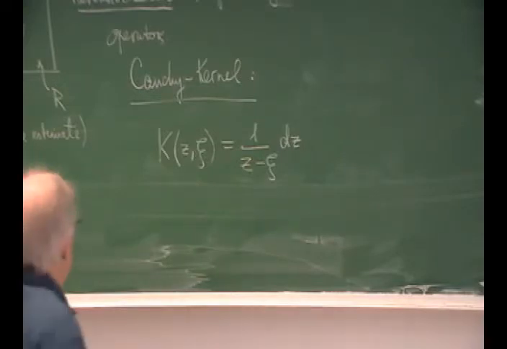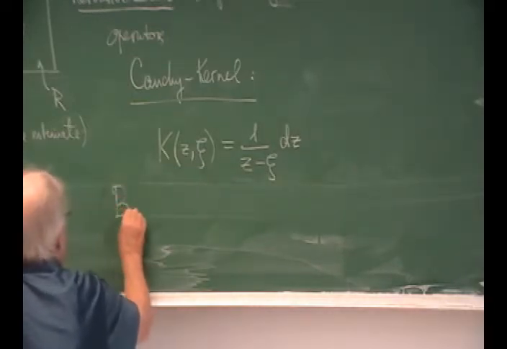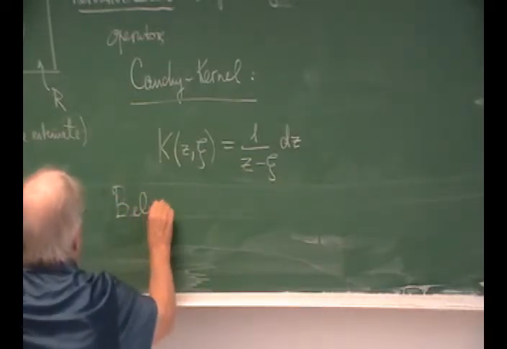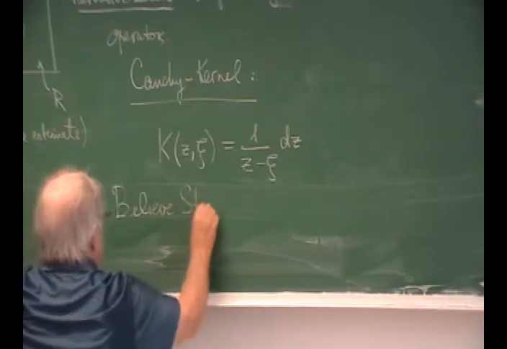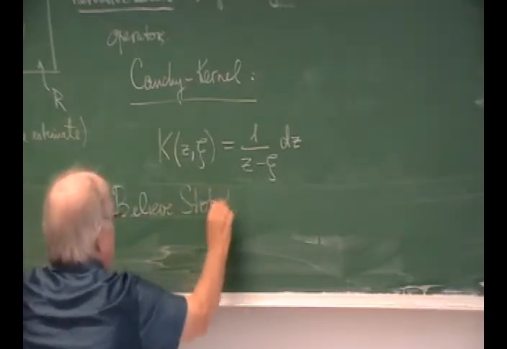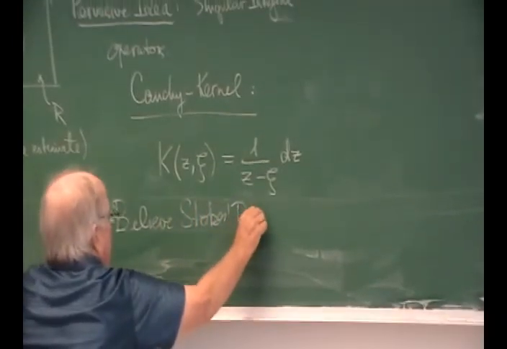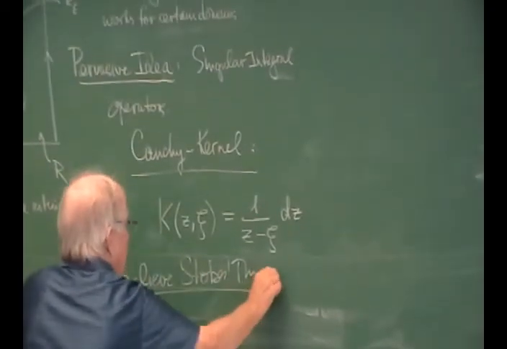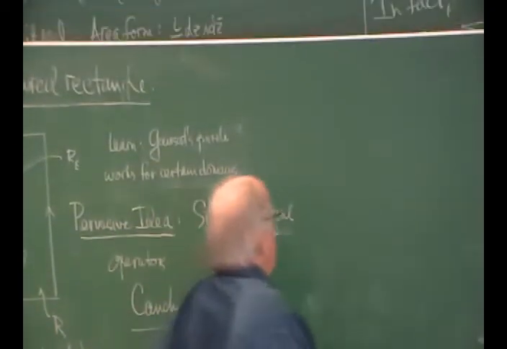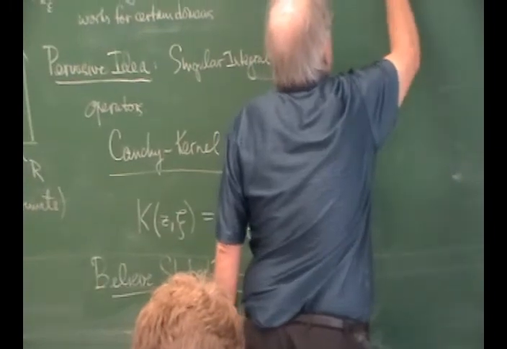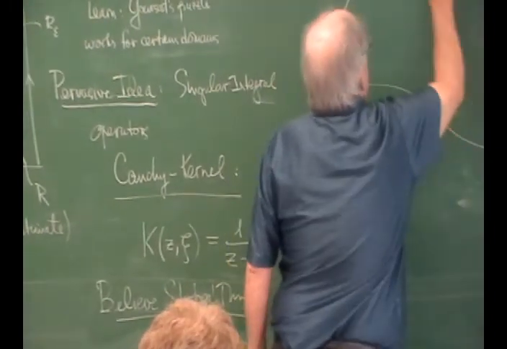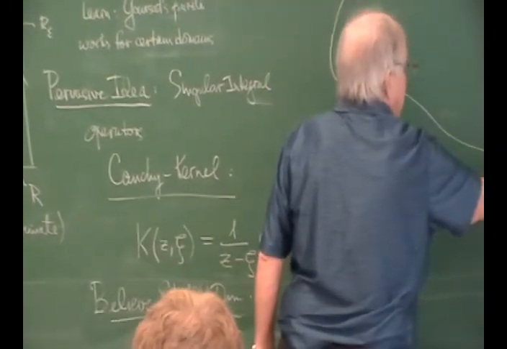Now let's suppose that we believe Stokes. We almost have something like Stokes here. So let's believe Stokes. Here's D, let's say with smooth boundary.